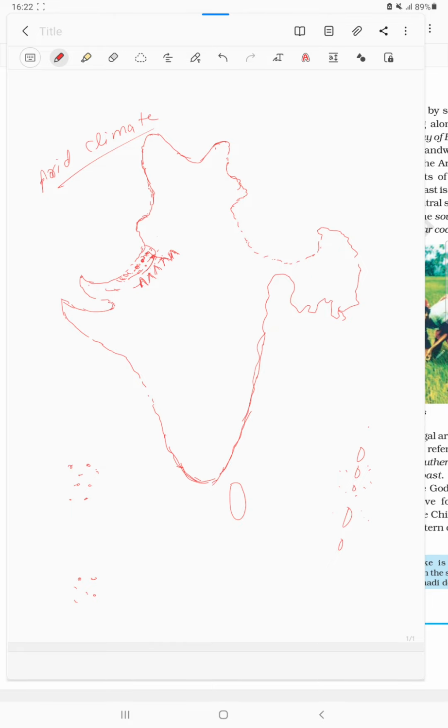This area generally receives rainfall of around 50 centimeters, or even less. That's why the vegetation is not suitable for agriculture. In this area, generally cactus and thorny bushes are found. Clear?